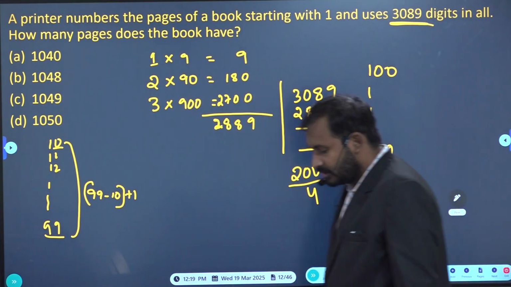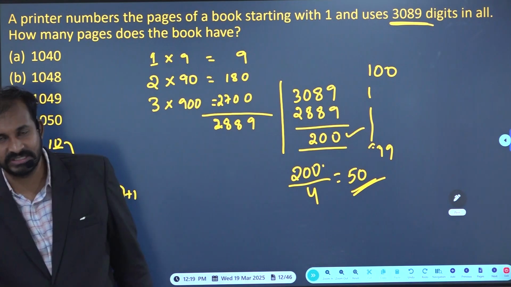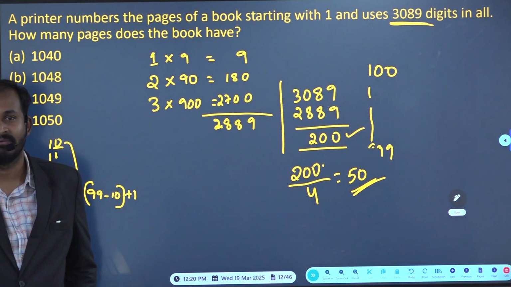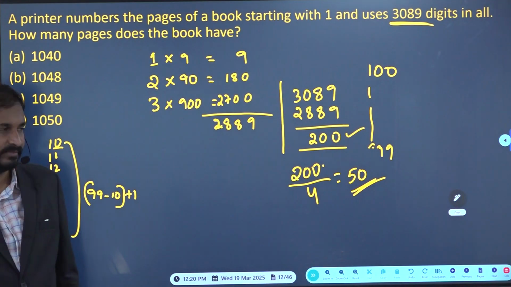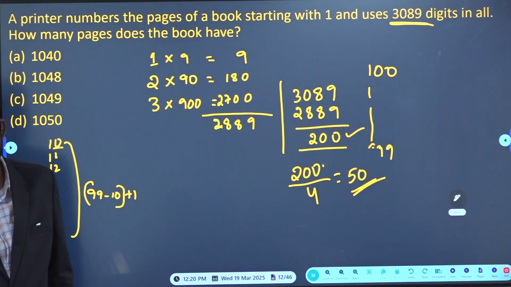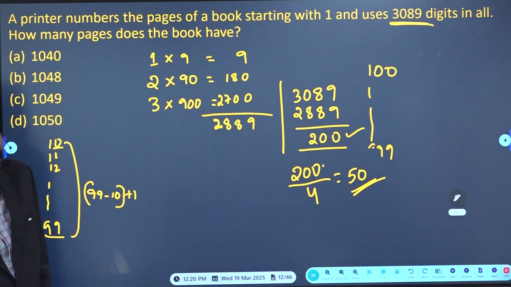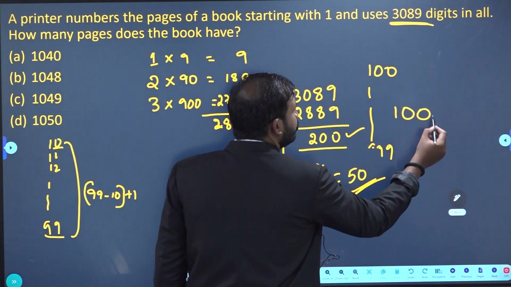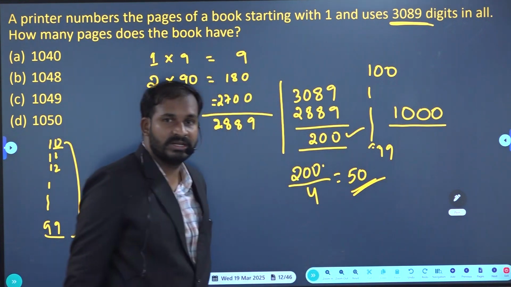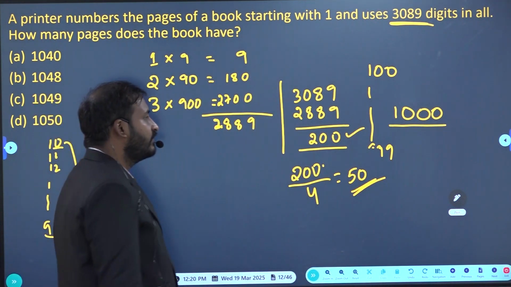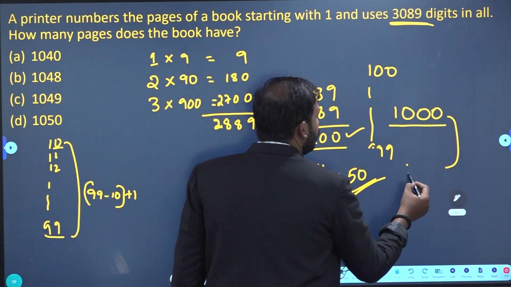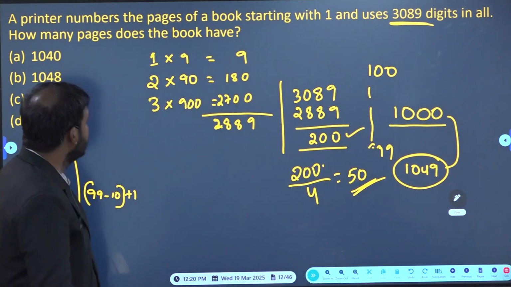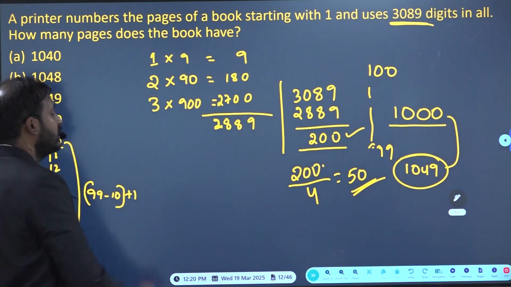So tell me, if you write 50 4-digit numbers, what is the last, 50th 4-digit number? Don't say 1050. 1049 is the 50th 4-digit number. Why? Because my 4-digit numbers start from 1000, so my 50th 4-digit number becomes 1049.